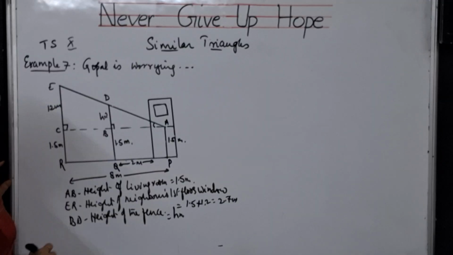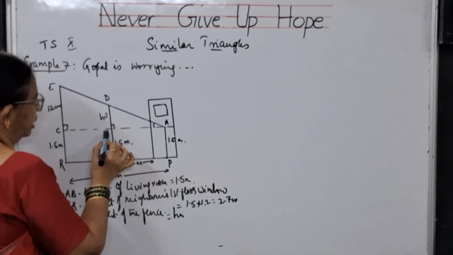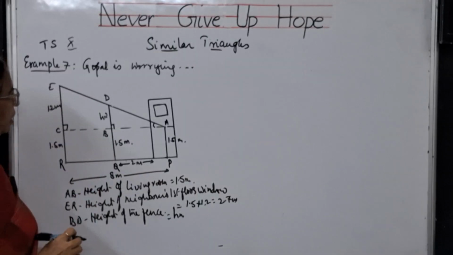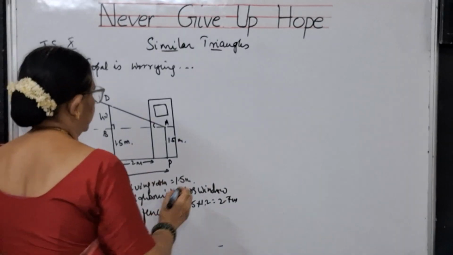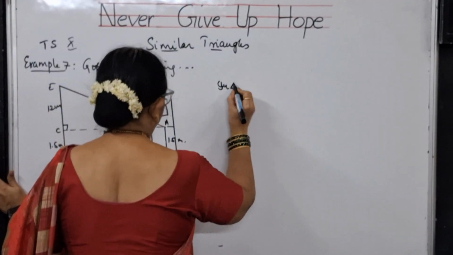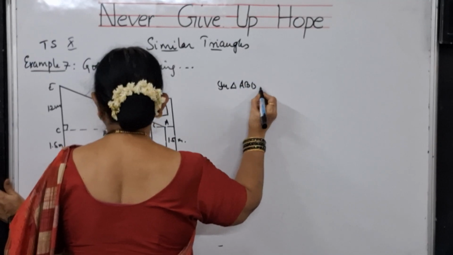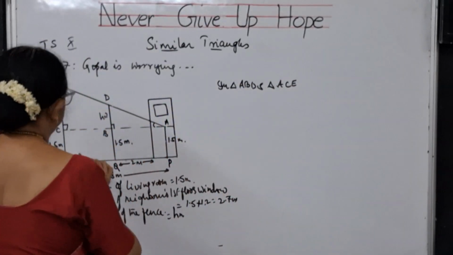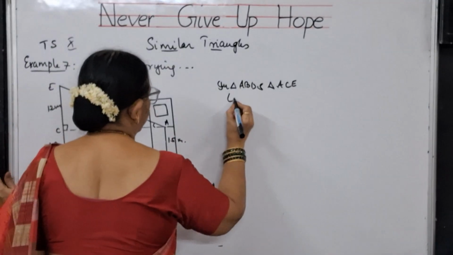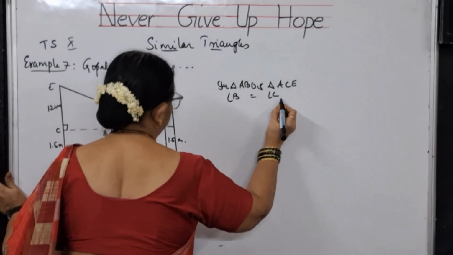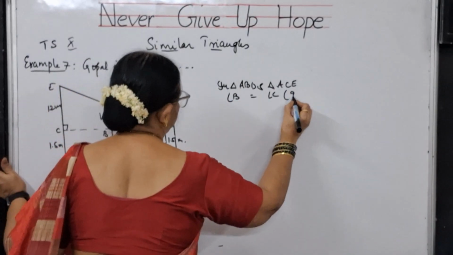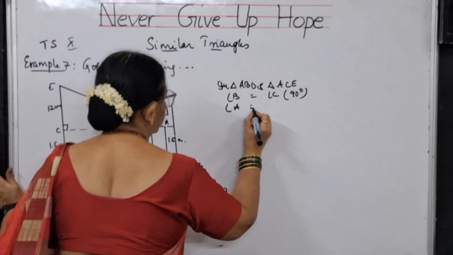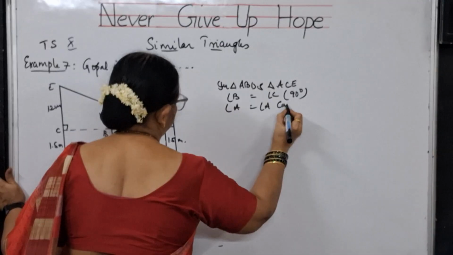One is triangle ABD and another one is triangle ACE. So let us take that. In triangle ABD and triangle ACE, angle B is equal to angle C, they are 90 degrees. Angle A is equal to angle A, common.